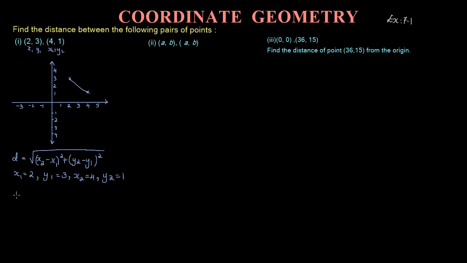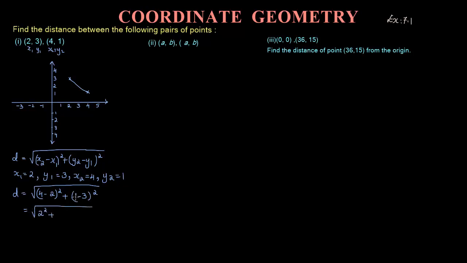So let us now substitute in the distance formula. d equals the square root of (x2 minus x1), so it is (4 minus 2) whole square, plus (y2 minus y1), so (1 minus 3) whole square. What will you get?